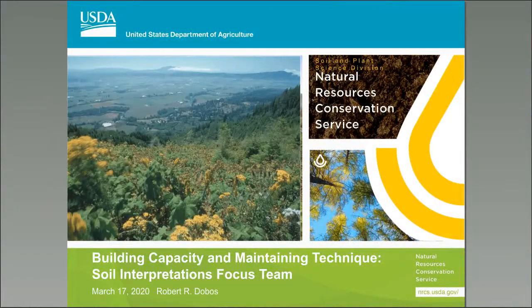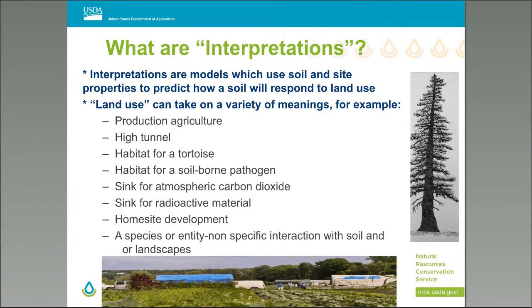Let's talk about interpretations. And the first question I always have is, what are interpretations? If you're not familiar or need a refresher, interpretations are just models, generally fairly simple models, which predict the impact of soil properties and site properties on land use.